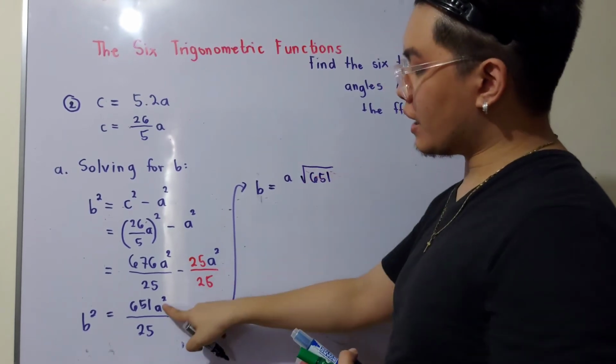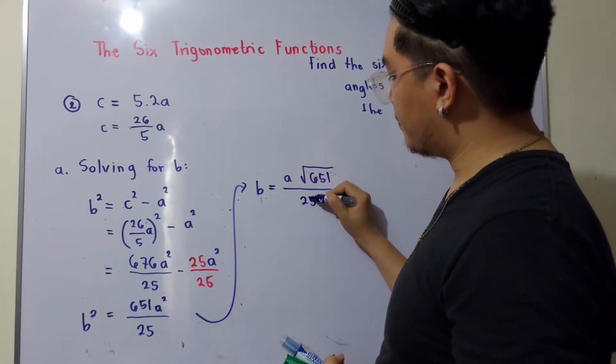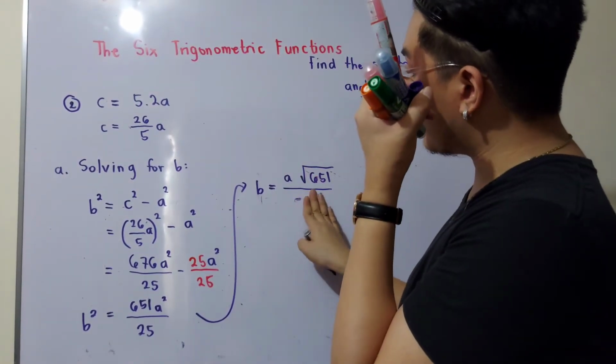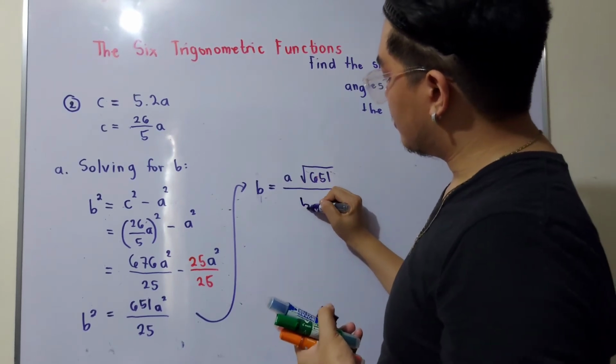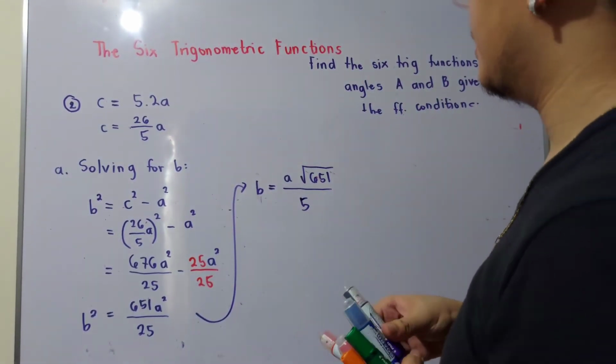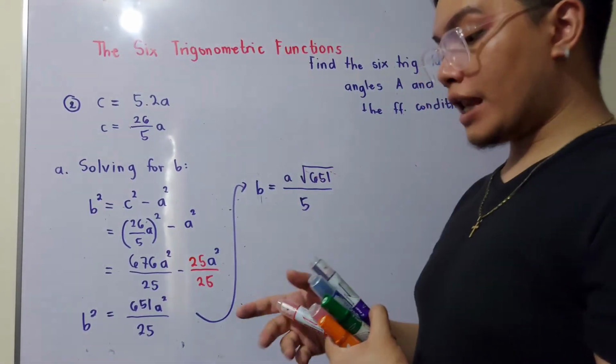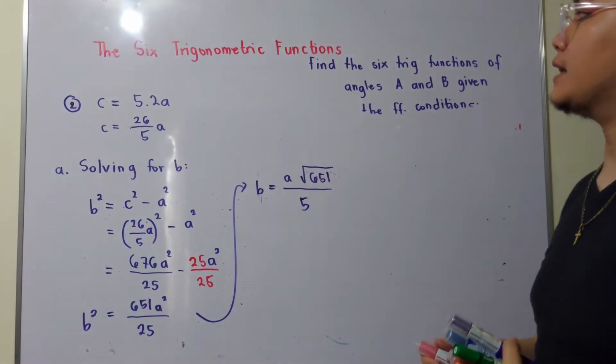O si A meron, naka-square root. Tapos over 5 na guys. So ayan yung B. Okay, so makikita natin na hindi pa natin known yung A. Pero okay lang yun, kasi mamaya mawawala rin yan.